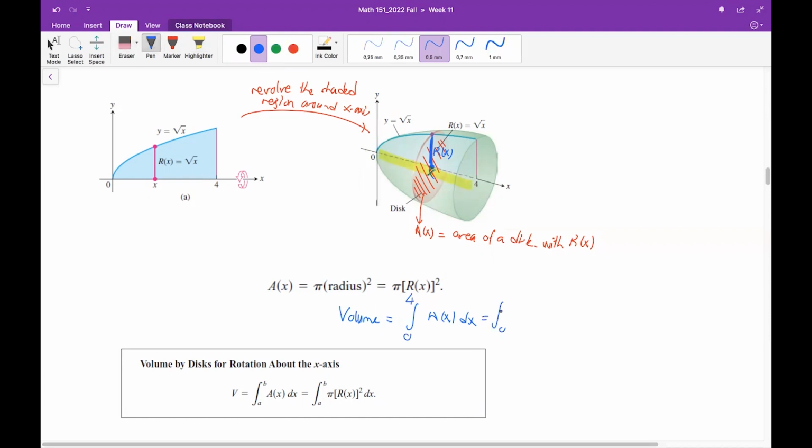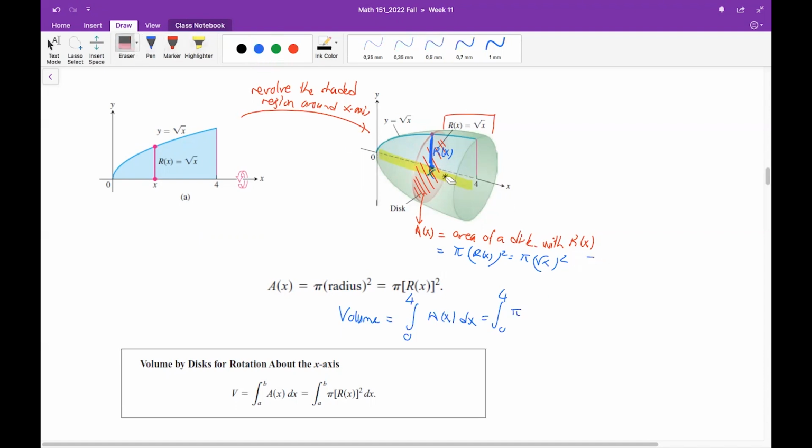So let's compute this. What is A of x? It is pi times the radius squared, and the radius here is given by this formula, square root of x. That's why it is square root of x squared, so pi x, right?